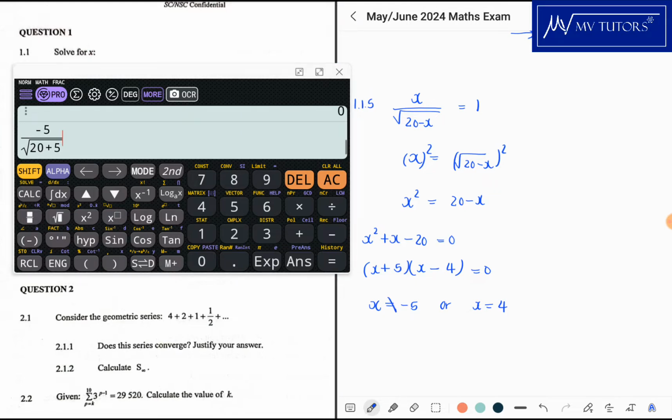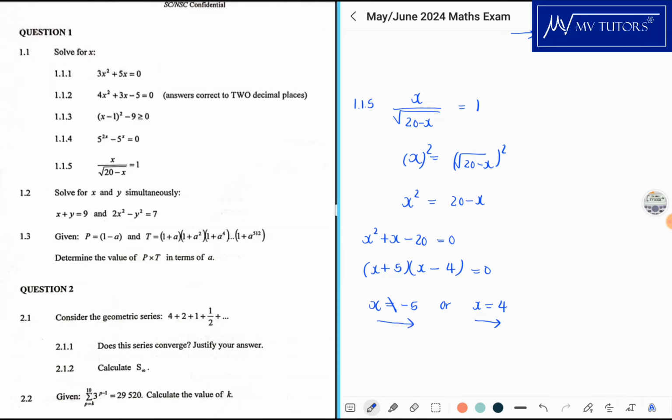What about 4? If I put positive 4, and then there we have 20 minus 4, we get 1. So x is equal to 4, but x is not equal to negative 5.